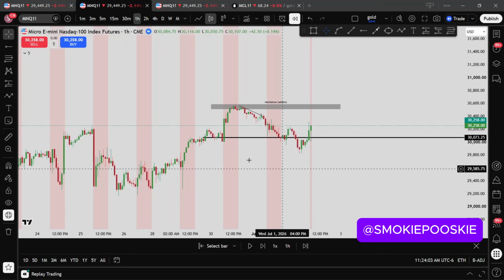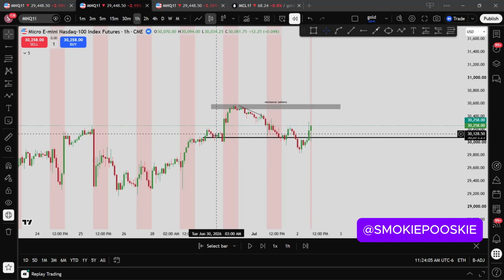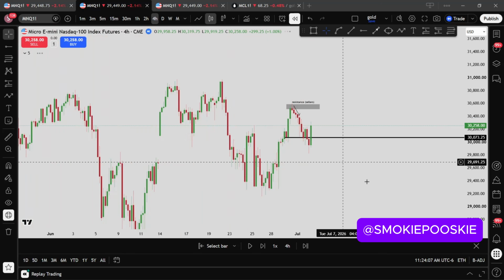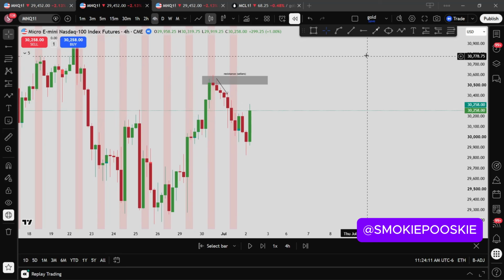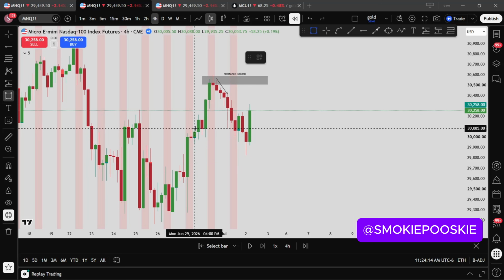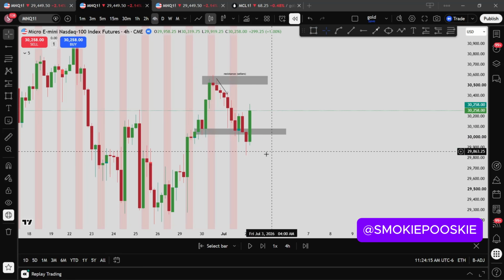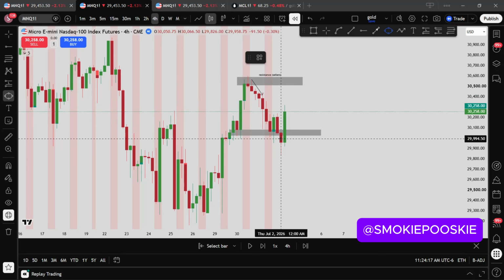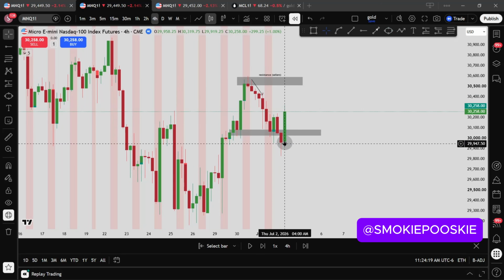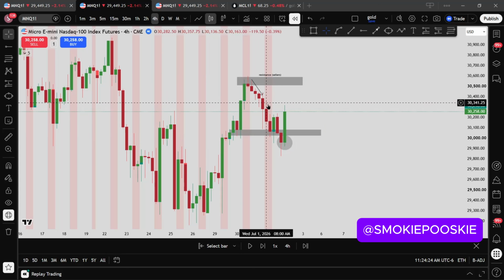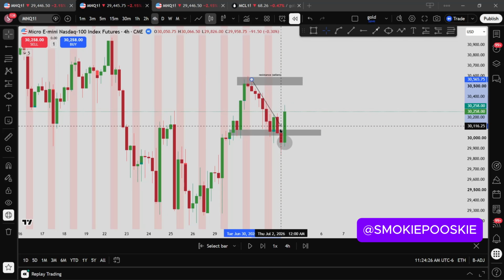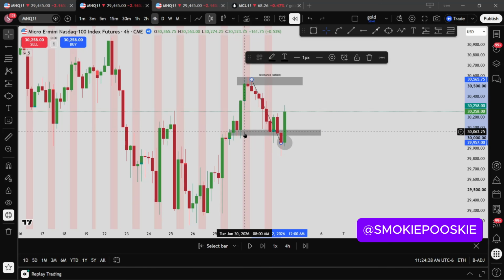So I'm going to be looking for some sells, especially below this level right here, because this level right here is the level that broke right here and showed us that sellers are in control. So the sellers that pushed price all the way down to here, they didn't care about these buyers.